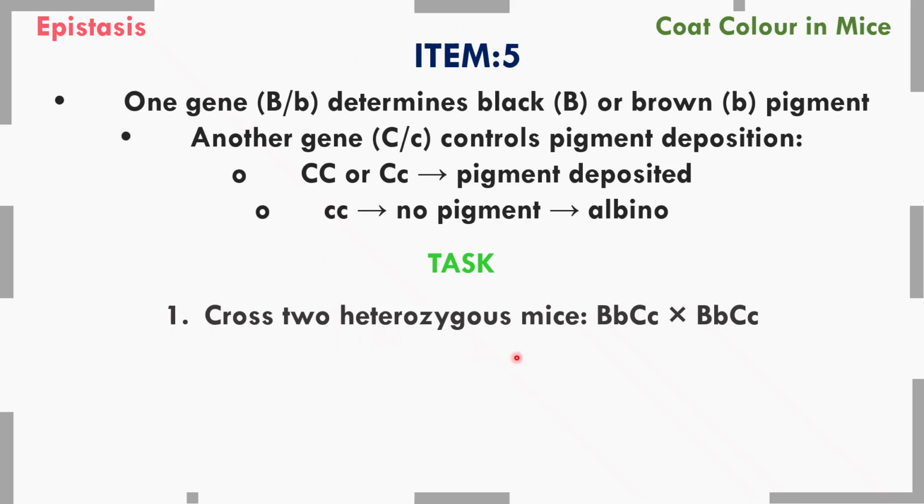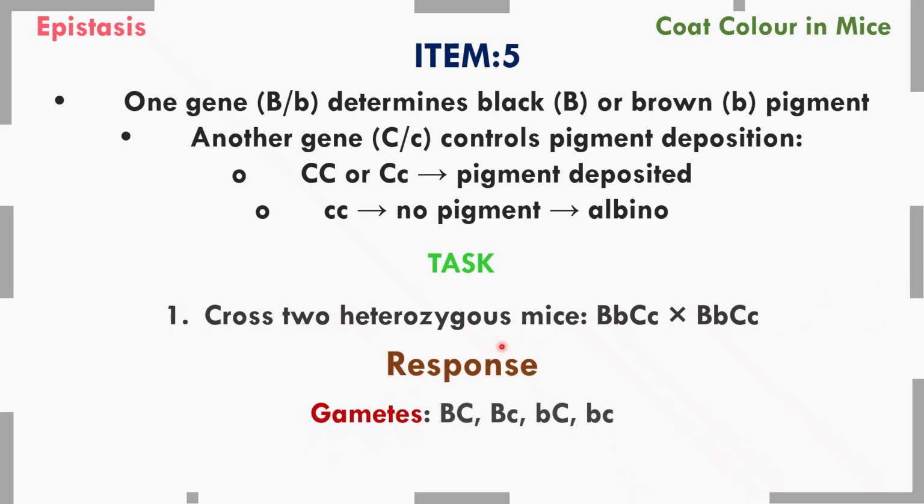Cross two heterozygous mice, Bb Cc crossed with Bb Cc. Gametes, we shall have BC, Bc, bC, and bc.